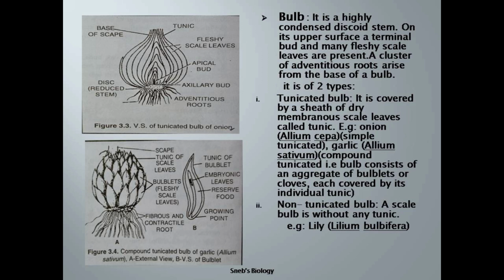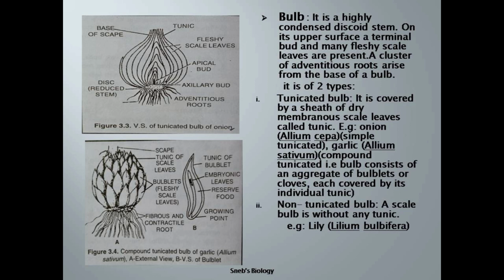That means there are two covers in garlic. The outermost cover is the common tunic, and around each bud or globe there is another tunic, and because there are two tunics, we call it compound tunicated.